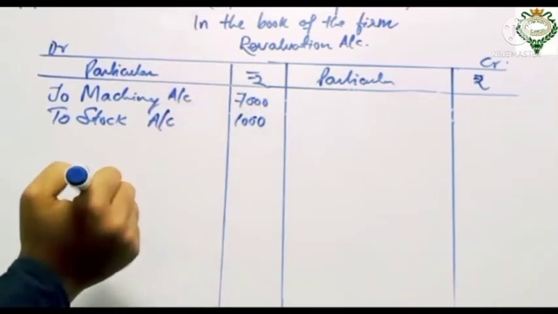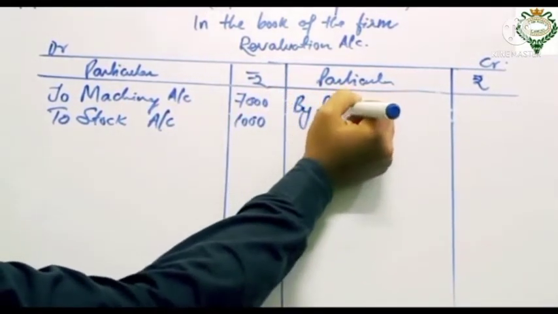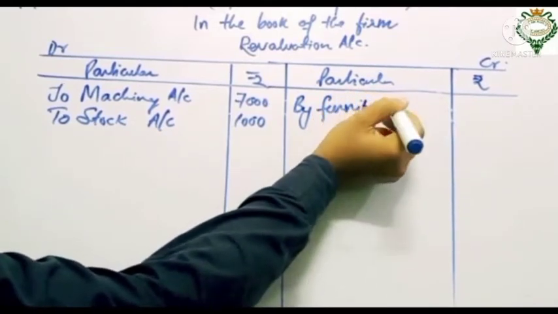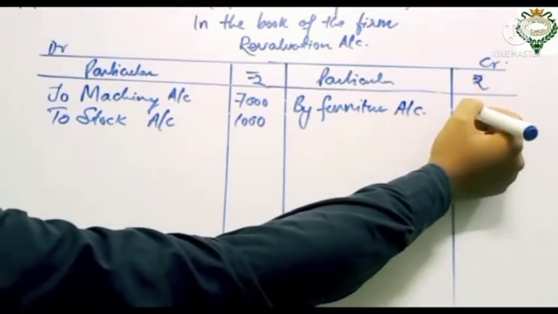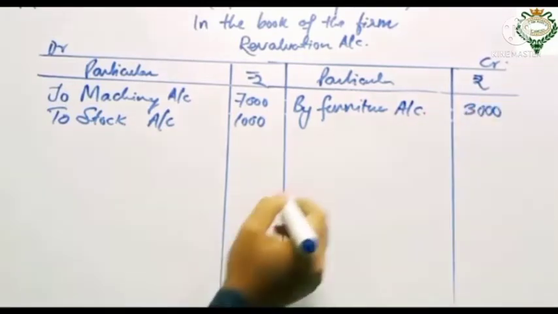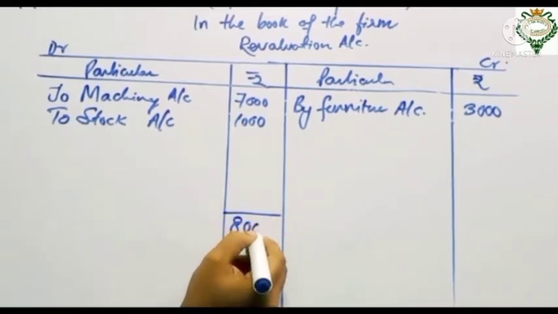Okay. Now the entry for the furniture, which is increased by 3,000. Okay, so here is 8,000.